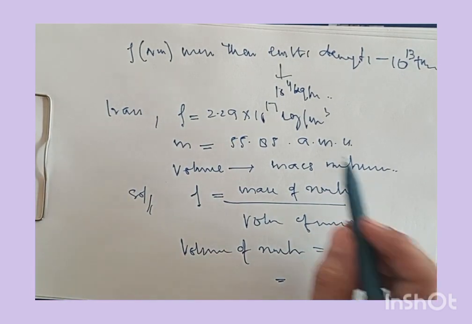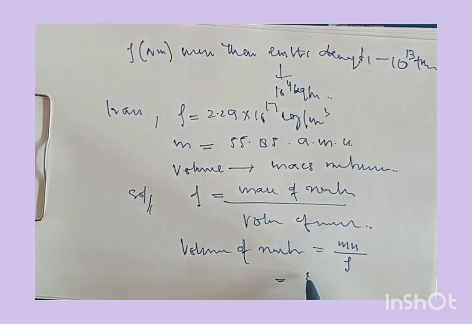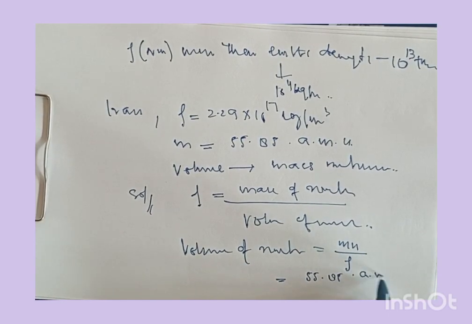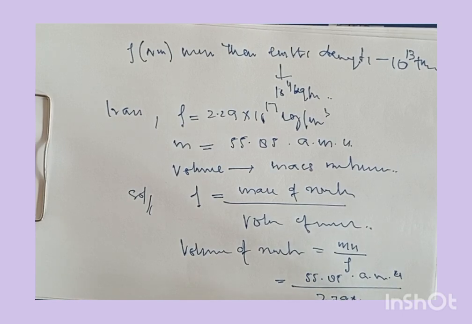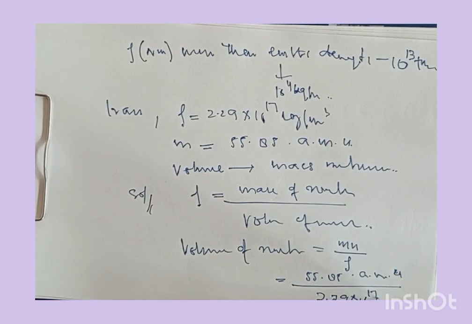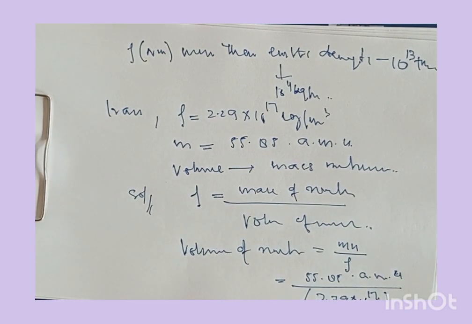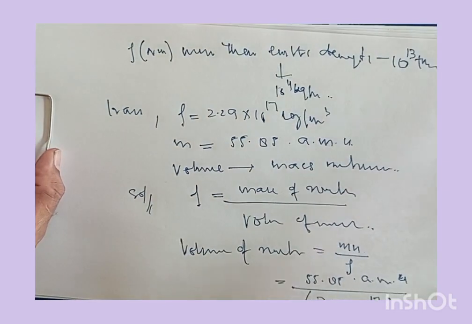Here I have the mass, which is 55.85 atomic mass units, and I can convert this atomic mass unit into kilograms. The density given for this nucleus is 2.29 times 10 to the power of 17.